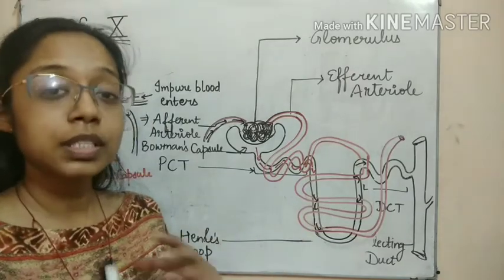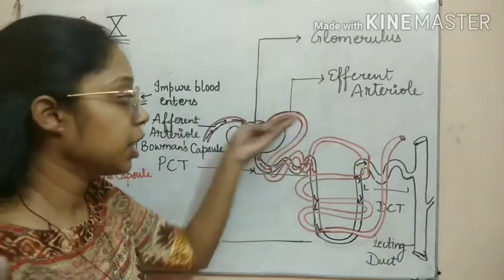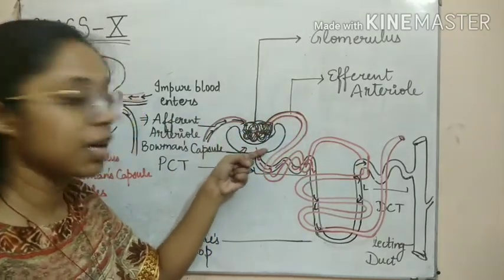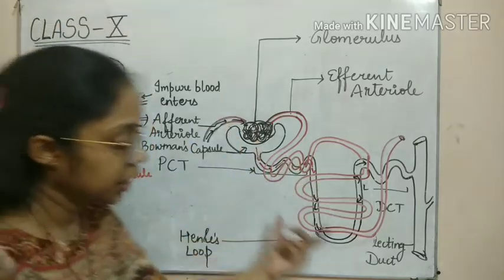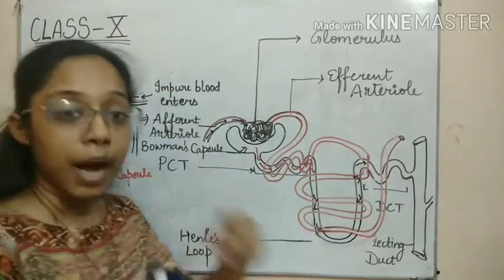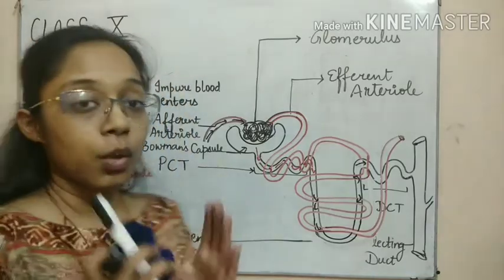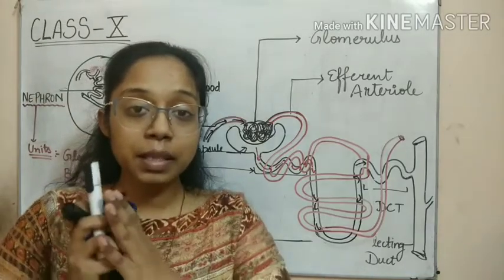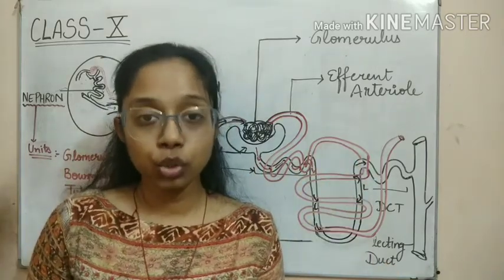Similarly, if there were some harmful substances which were left in the blood and were not passed into the Bowman's capsule, those substances now here will pass on from blood to the tubule. So there will be a complete separation of waste product and the useful product.